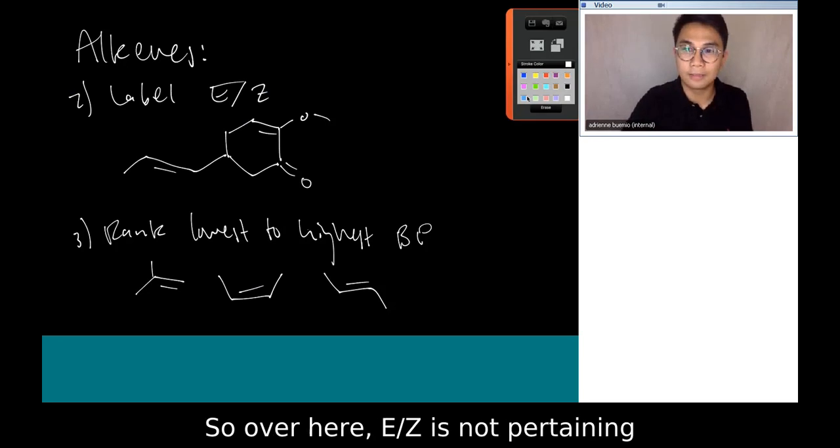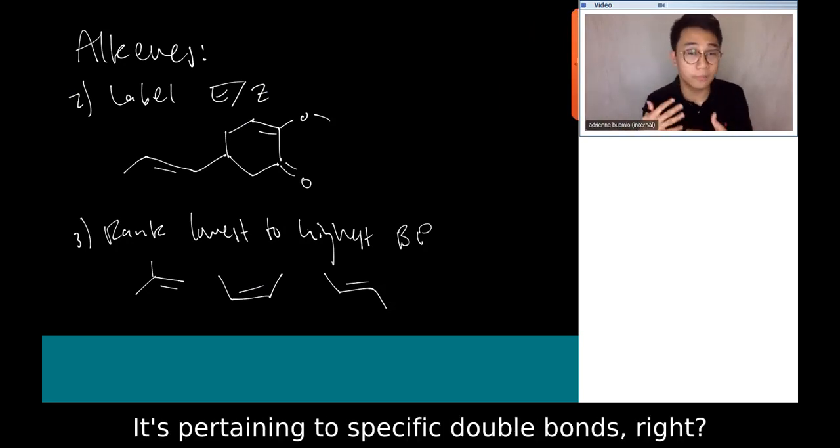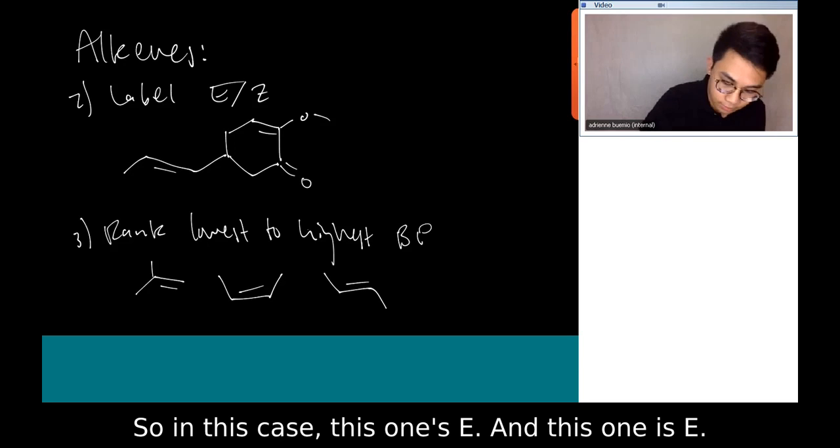Okay. So over here, E and Z do not pertain to the whole molecule, they pertain to specific double bonds, right? So in this case, this one's E, and this one is E, right?